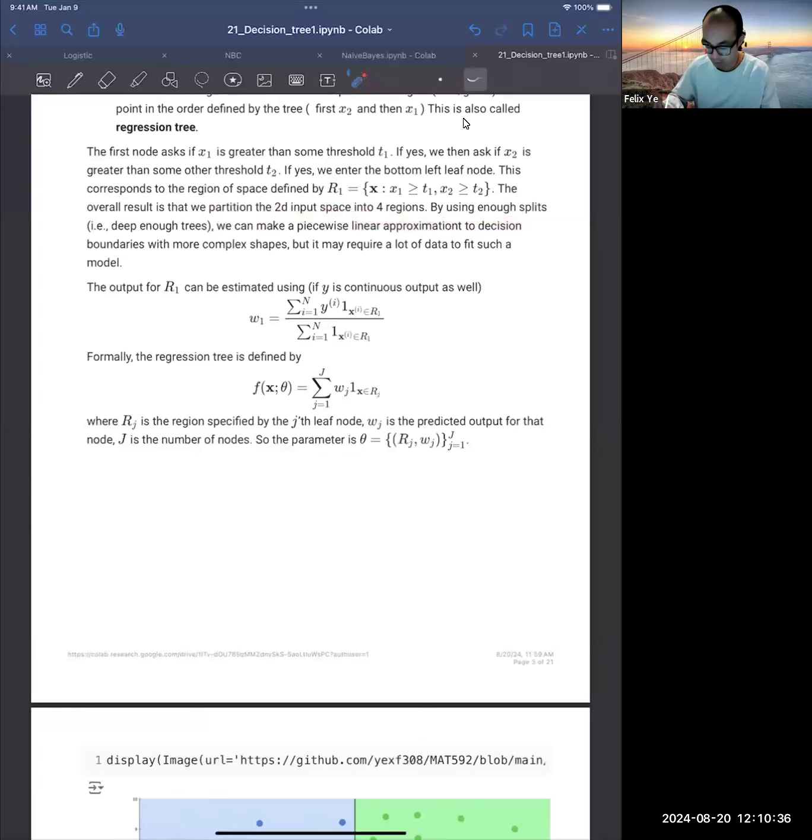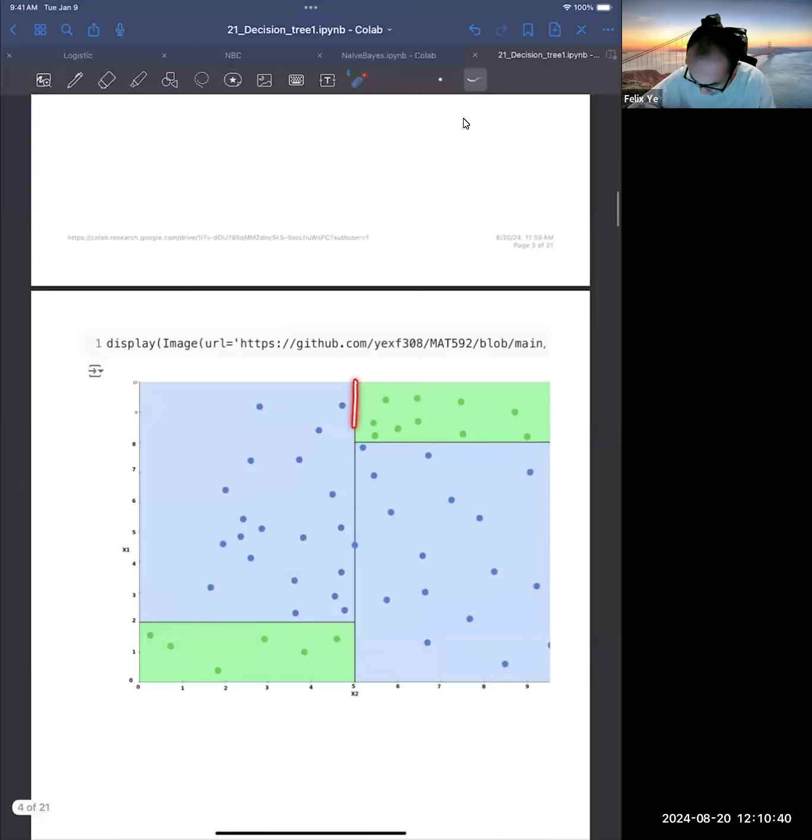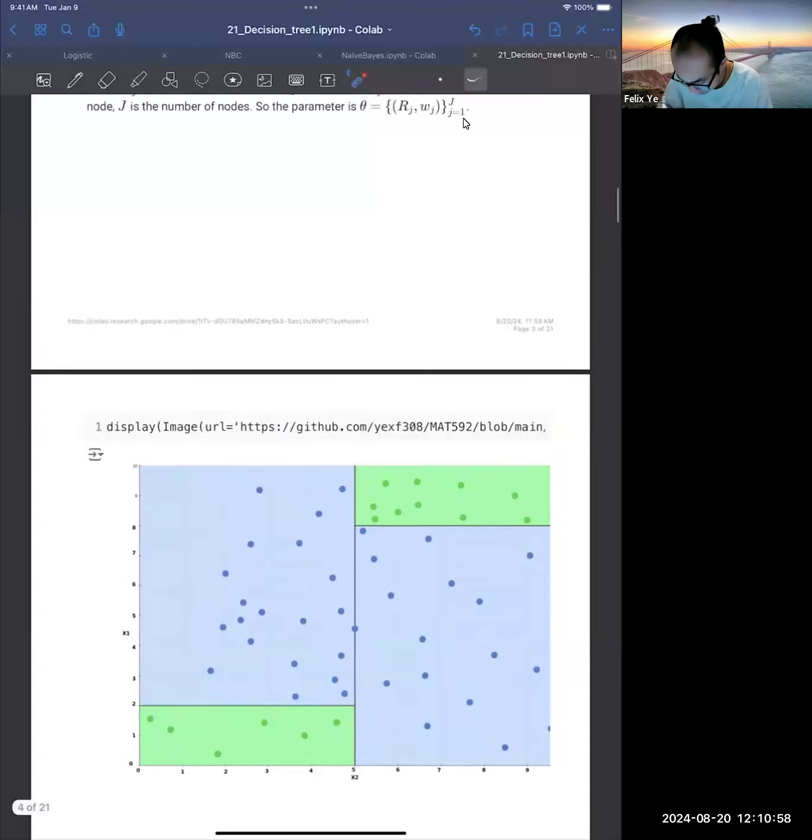All right, so what we're actually doing right here is making this, and this is my decision boundary. I want to let you know this is very different from the decision boundaries you would think of in SVM or logistic regression. In all those cases, the boundaries are smooth functions. Here it is just boxes.